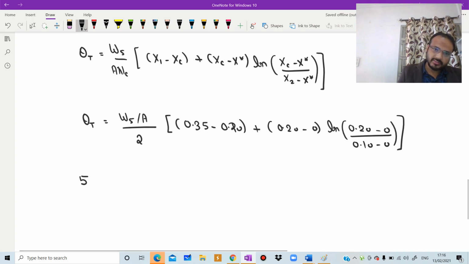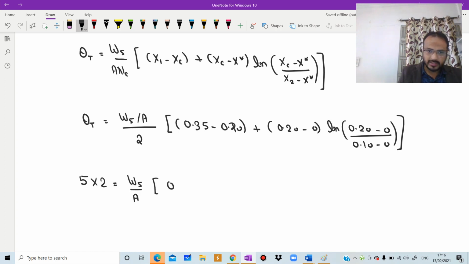Total time is 5 hours. So 5 into 2 is equal to Ws by A. Solve it. It is 0.15 plus 0.20 ln of 0.20 divided by 0.10.